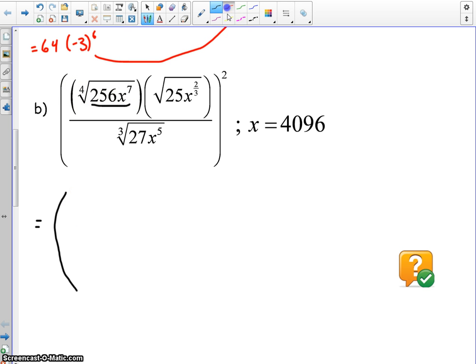So I'm going to rewrite that as, in brackets, 256 x to the exponent 7. And the 4th root means that's all to the exponent of 1/4. Okay, for the next one, it's a square root of 25x to the 2/3, so that's going to become 25x to the 2/3. And the square root means it has an exponent of a half.